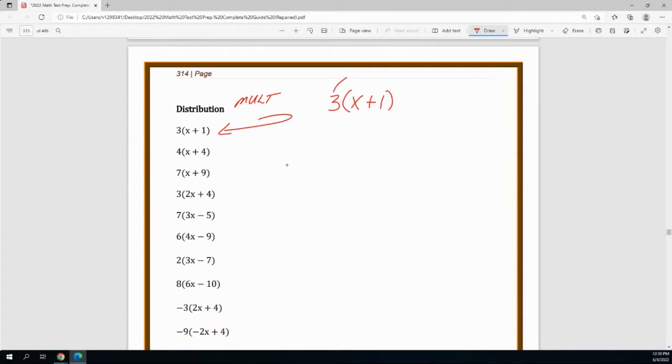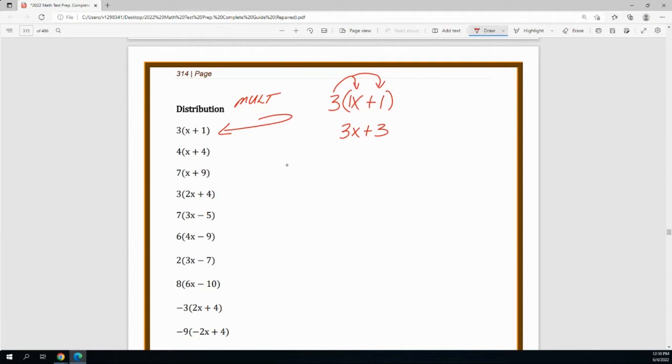We're going to multiply this 3 across this parenthesis, which means I'm going to take 3 and multiply it times 1x. 3 times 1x is 3x, plus 3 times 1, which is 3. This is called distribution, and we use it quite a bit in algebra.